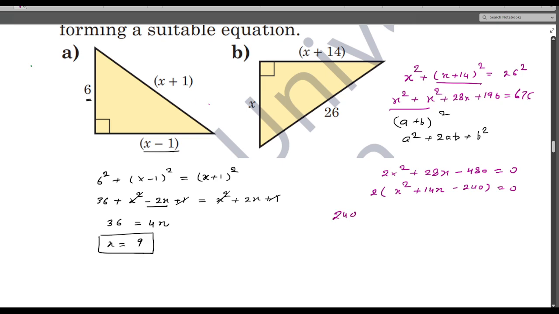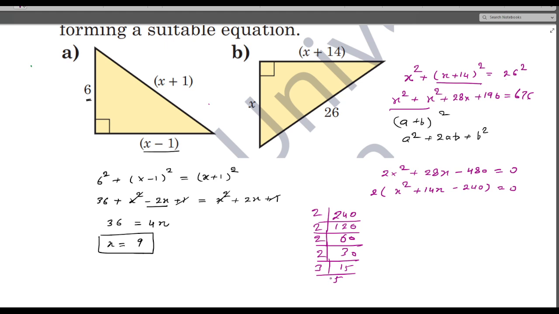So 240, if I factorize it, 2 times 2 is 4, 120, then with 2 it is 60, then with 2 it is 30, then with 2 it is 15, and with 3 it is 5. Okay, so I have to split them in two parts so that their difference is 14.